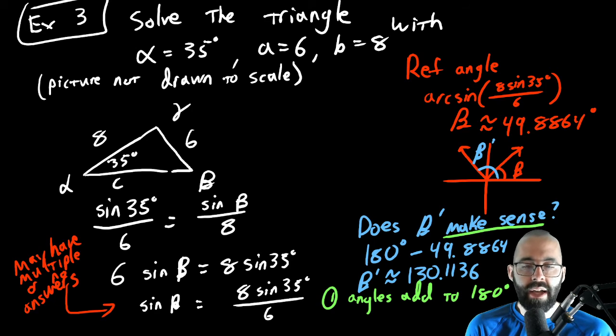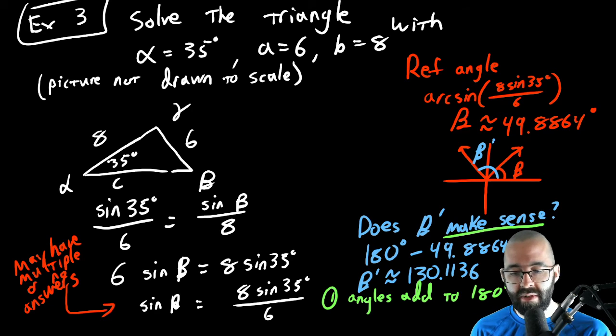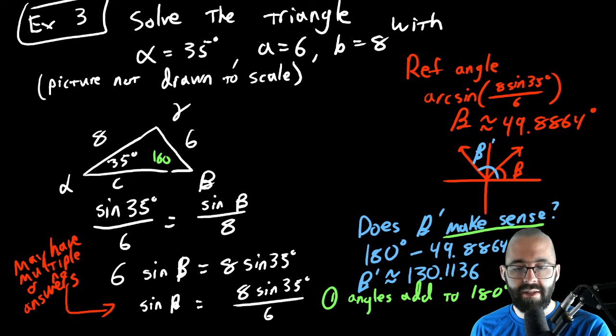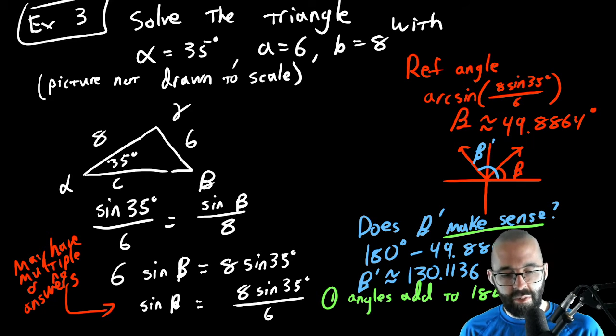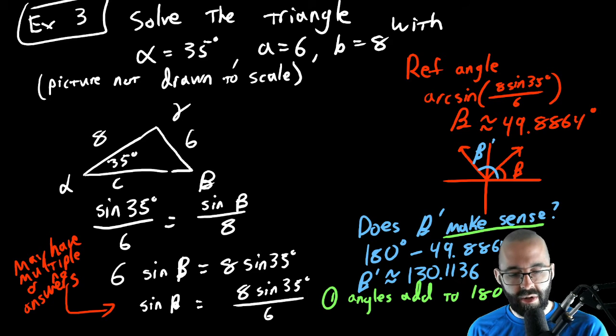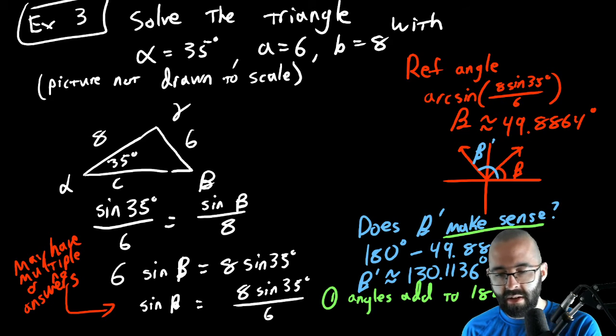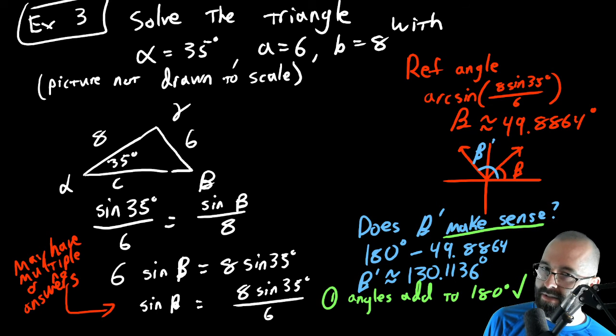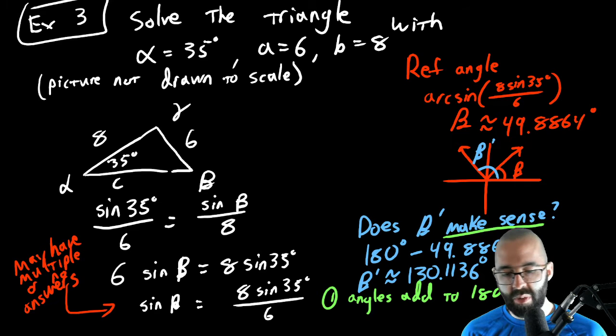If beta prime were 160 degrees, for example, 160 degrees would be impossible, right? Then we're already over 180 degrees in this triangle. So 160 degrees wouldn't work, but 130 degrees does work. Right? So we have this. Yep, check mark. We can have all of our angles add up to 180 degrees, no problem.